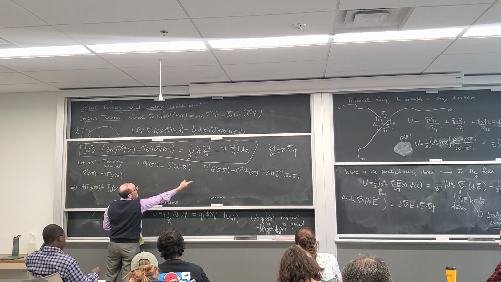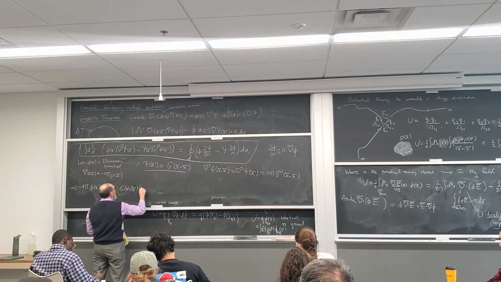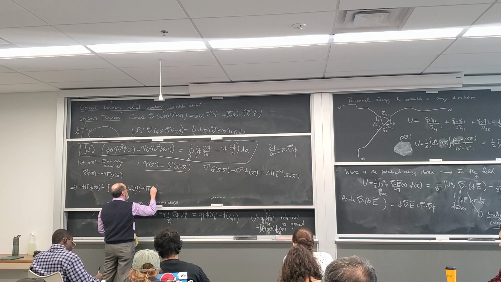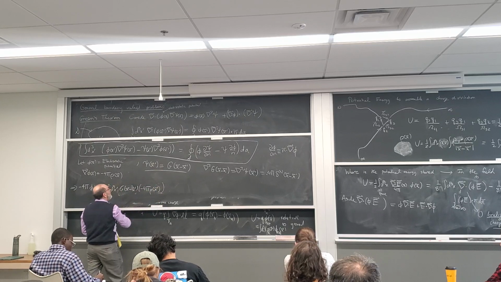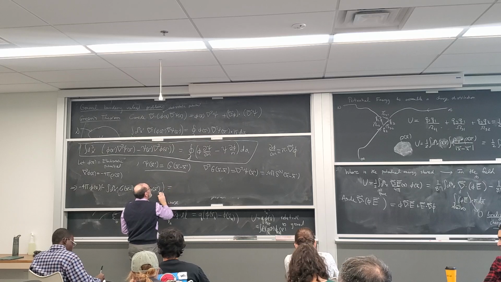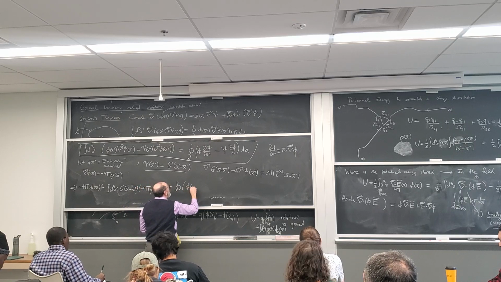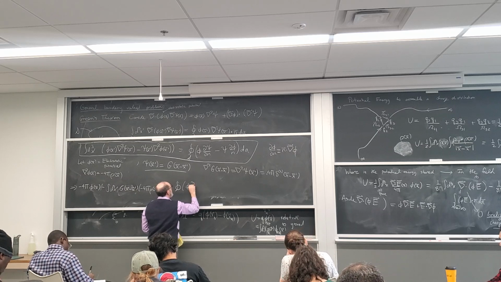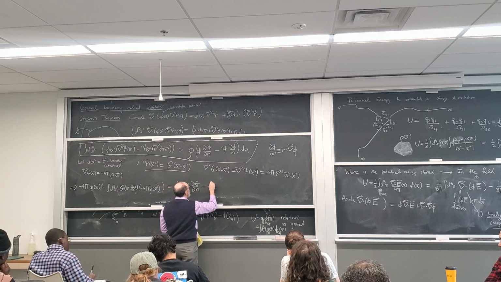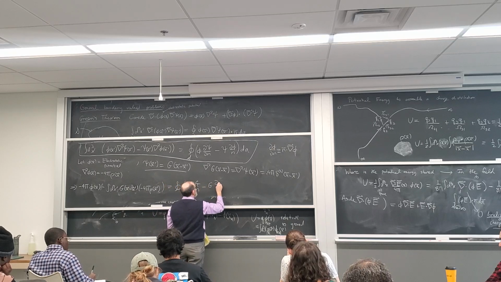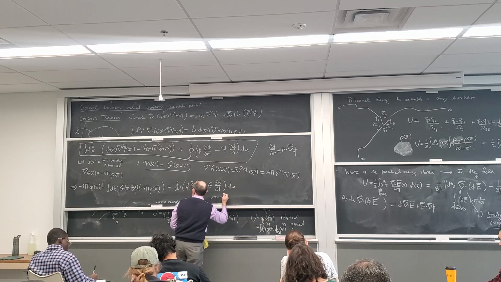That's psi equal to the Green's function, and this is equal to minus 4 pi rho at x prime, which is equal to the integral of phi times the normal derivative of the Green's function minus the Green's function times the normal derivative of phi, integrated over the surface.